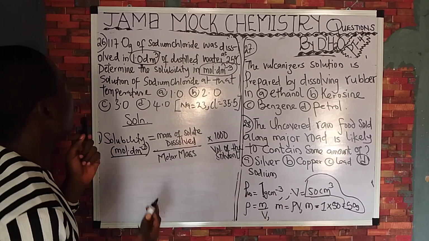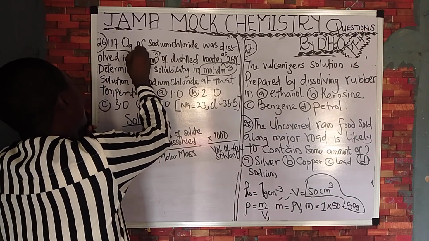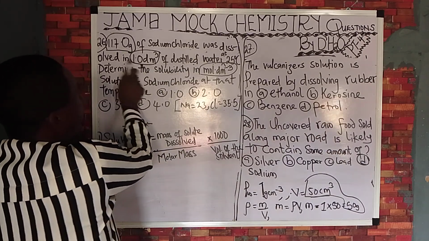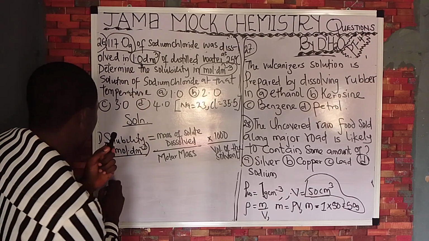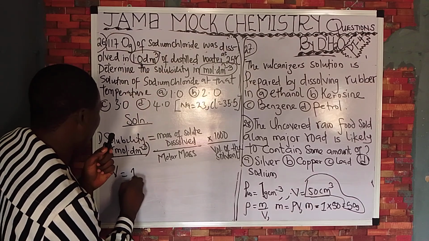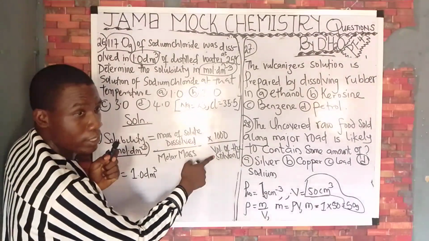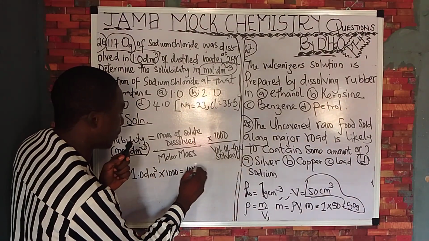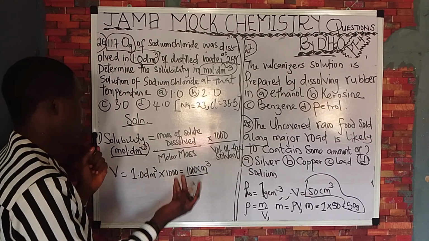Very easy. Do we have the mass of the solute? Yes, they gave us 117.0 gram. This is the mass of sodium chloride that was dissolved. The volume of the solvent is 1 dm cube. So remember, volume is 1.0 dm cube. Because your volume must be in cm cube, you multiply with 1000, and that will give us 1000 what? Cm cube of the solvent. Now, very simple.